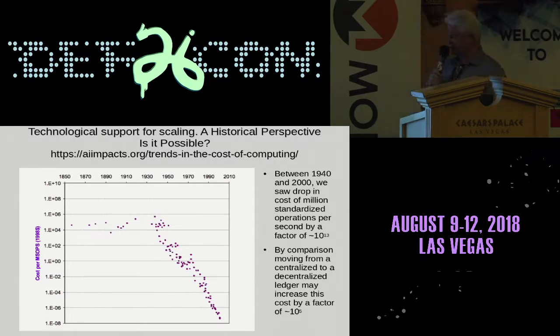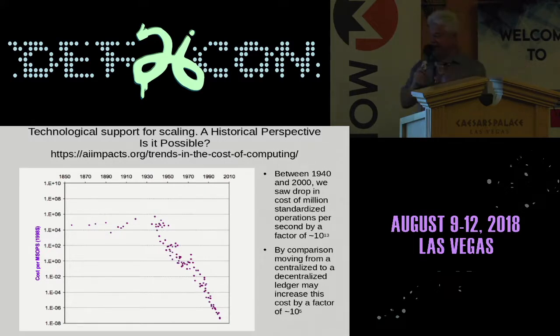What's significant is that between 1940 and 2000, which is this chart here, we see a factor of 10 to the 13 drop in the price of computing. And we're going to stay here for a minute and ask this question. This is 10 to the 13. It's like 10 trillion.